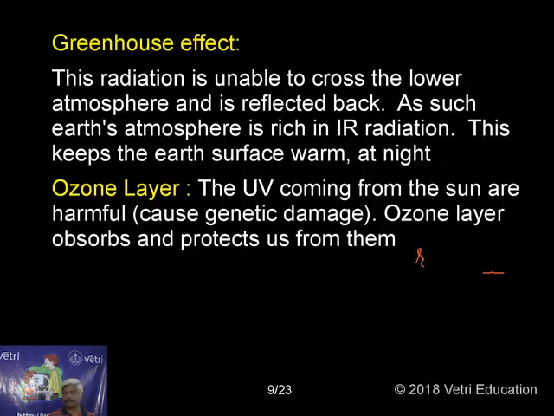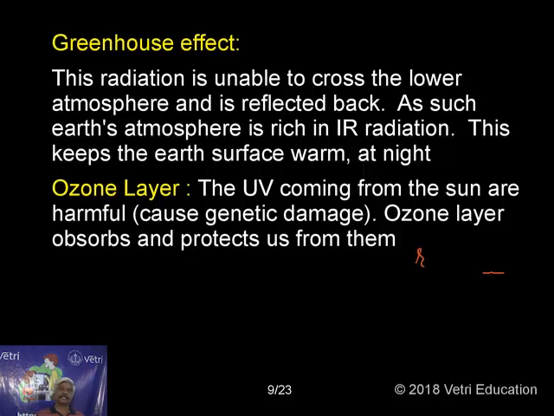In the Antarctic, we know very heavy ice bars are there. If the greenhouse effect is more, what happens? More heat will be there. Because of that extra heat, the water on the Earth's surface gets heated and moves up as steam.